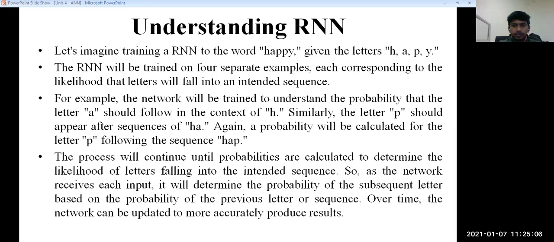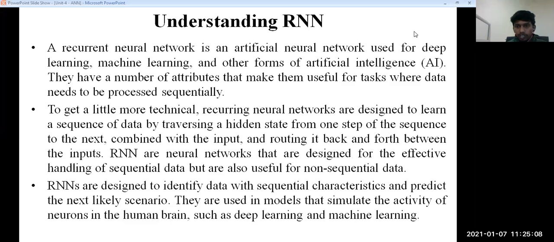As I said, the concept of a recurrent neural network is basically a deep learning concept. A recurrent neural network is an artificial neural network used for deep learning. It can be used for machine learning, and it can also be useful for other forms of artificial intelligence.